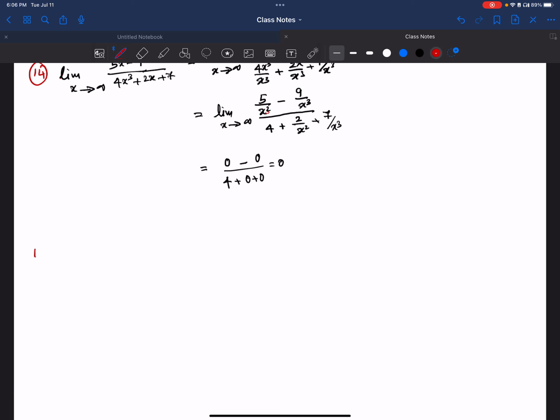Limit as x goes to infinity of the square root of 36x squared plus 7, divided by 9x plus 4.